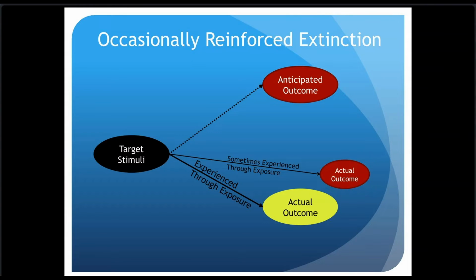And then also they have exposure that is in line with what we showed before. In other words, expectancy violations still happen. They have other reactions to the stimuli, but every now and then something actually does go slightly awry. And so it's important to keep in mind two things with occasionally reinforced extinction.